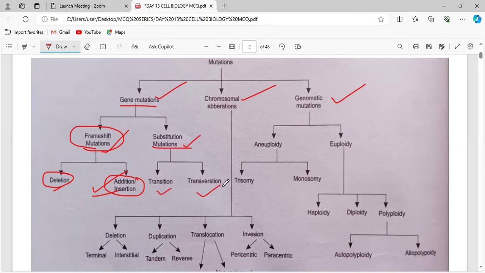What are transition and transversion? If a purine is replaced by another purine, or a pyrimidine by another pyrimidine, that is transition; if a purine is replaced by a pyrimidine or vice versa, that is transversion. That is why they are kept under substitution mutation. Let me explain in detail in the upcoming slide.